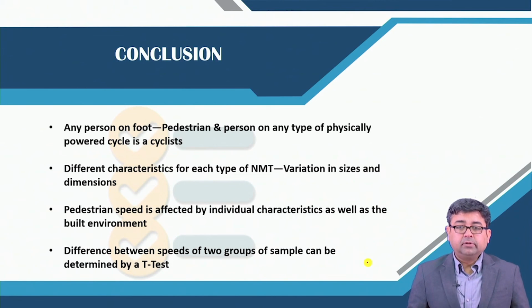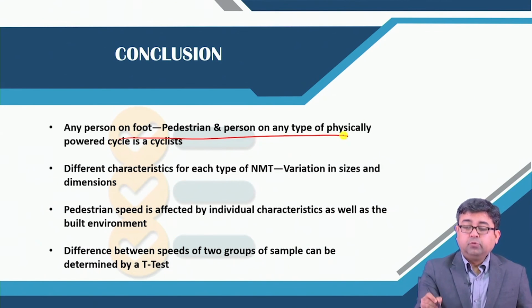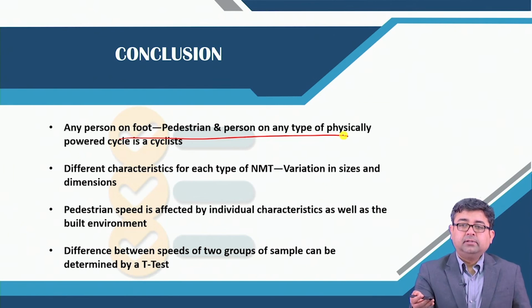In conclusion, during this lecture we looked at understanding who the pedestrian is and who a bicyclist is, for whom you are going to design the facility, and what their characteristics are.